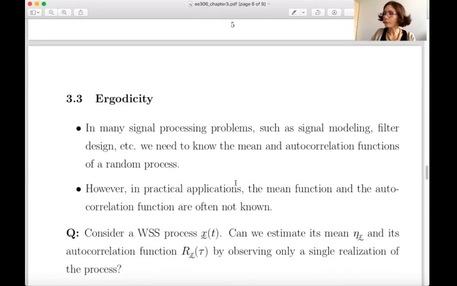All right. Now the next concept is ergodicity. So what is this ergodicity about? Let's say that you're in an application, you have some random process x of t that you would like to deal with.